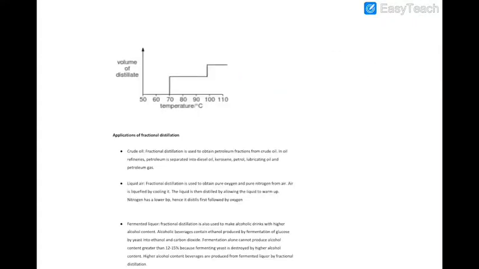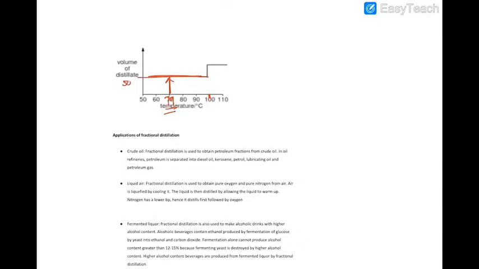Here at around 79 degrees Celsius, the volume of distillate increases. So you see it goes up. From 79 to 100, no distillate is collected, so the volume of distillate stays constant. Nothing new is collected.